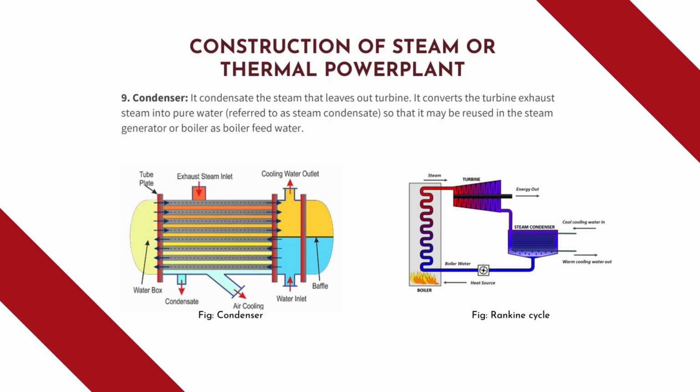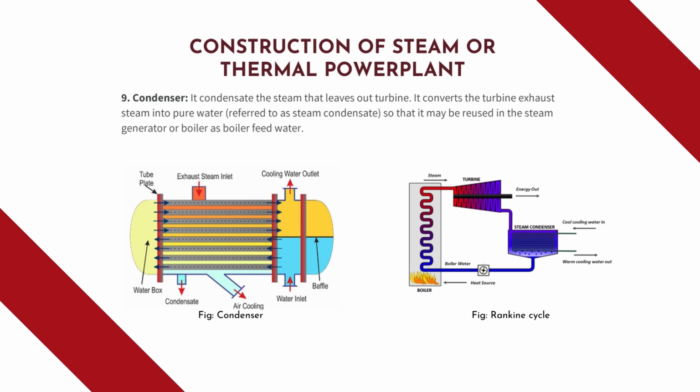So, the condenser is responsible for condensing the steam coming from the turbine into water, so that this water can easily be circulated again to the boiler and turbine. Here in this picture, a clear flow of steam and water is shown.